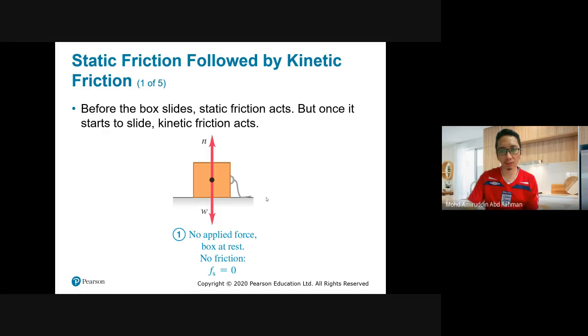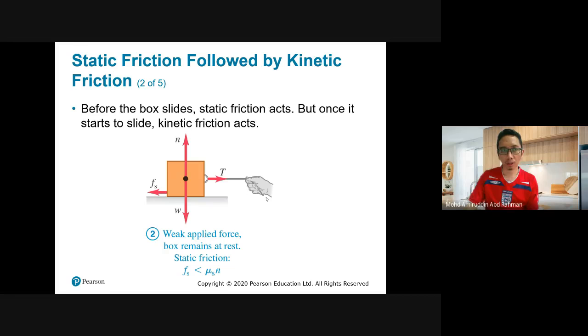We have the box at rest, so there is no friction, where Fs equals 0. Like I mentioned last week, now Fs is no longer 0 when it is about to slide but hasn't slid yet.